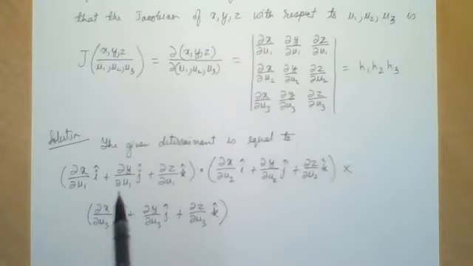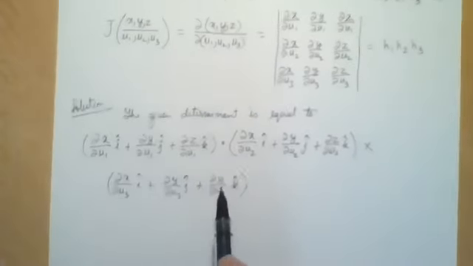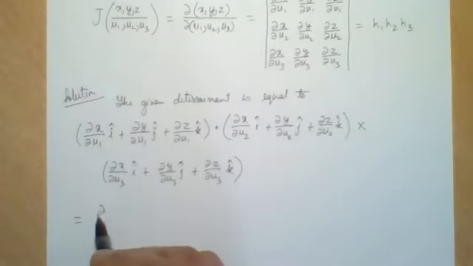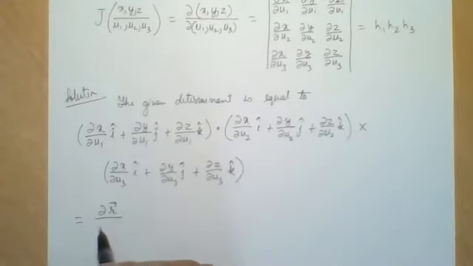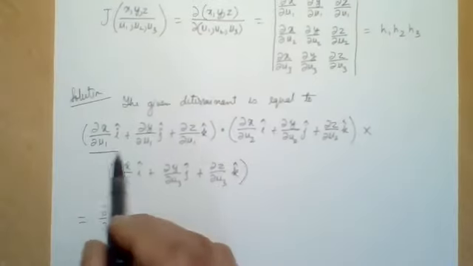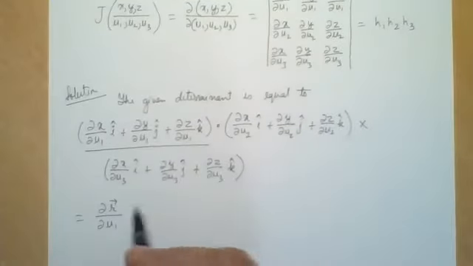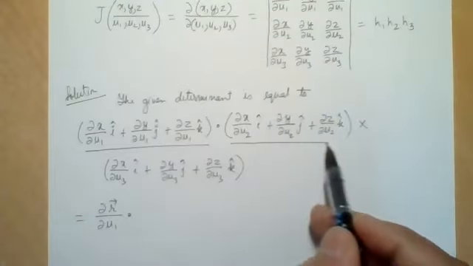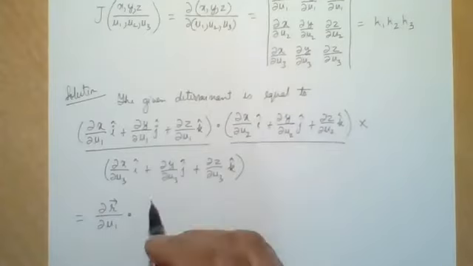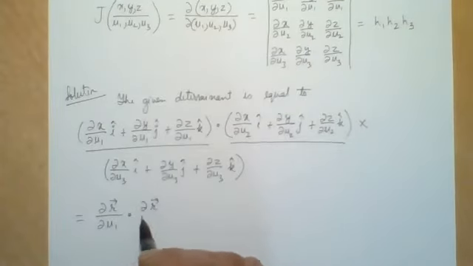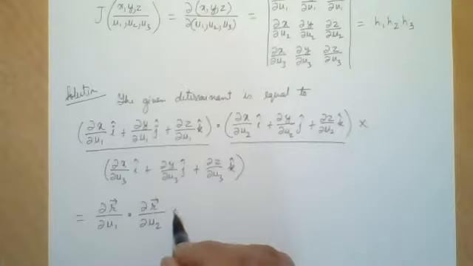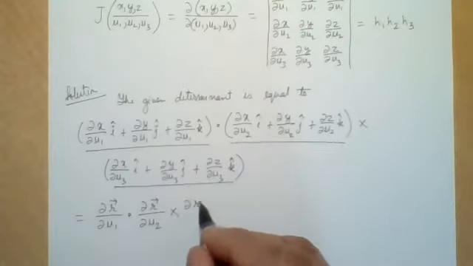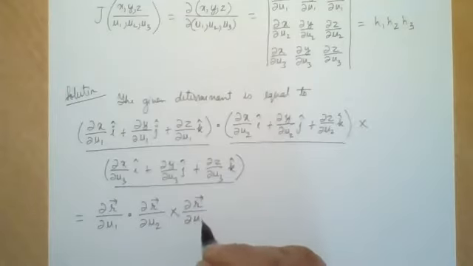This is nothing but del R vector by del U1 dot del R vector by del U2 cross del R vector by del U3.